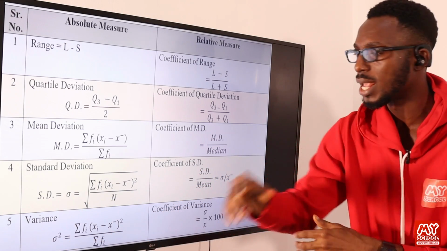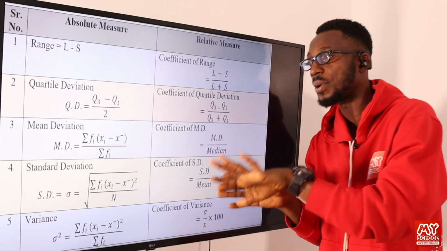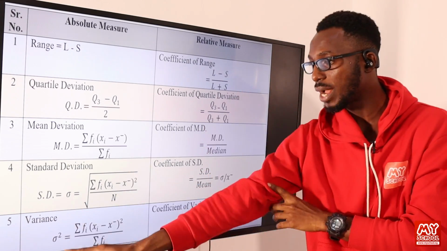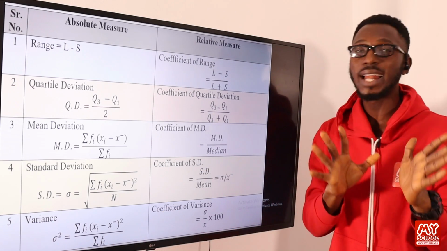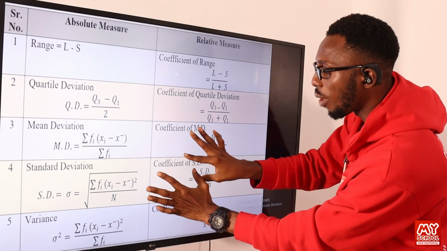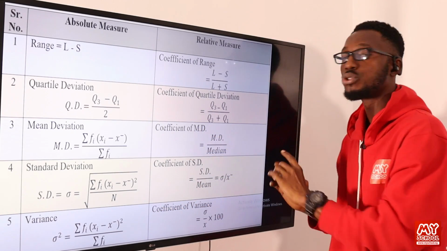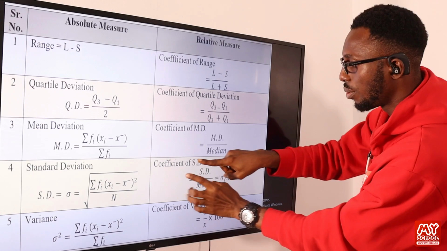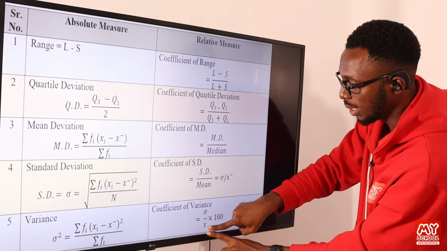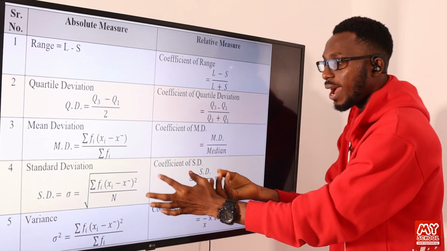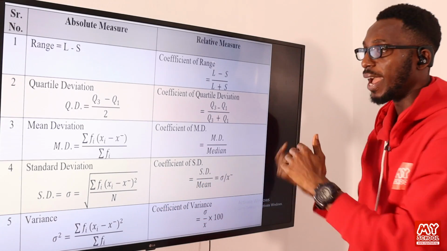Then we look at your variance. You can see the relationship between variance and standard deviation. For your variance, you can see the value we have. The formula for the coefficient of variation is typically just your coefficient of standard deviation times 100%. Your coefficient of standard deviation is SD over mean, which is this, times 100. So whatever value you have gotten from here, just multiply it by 100.